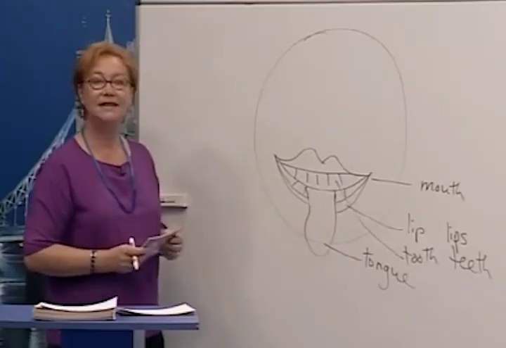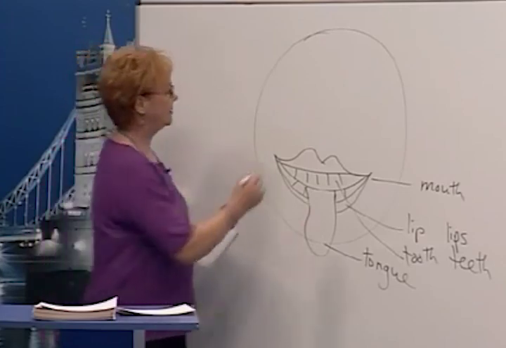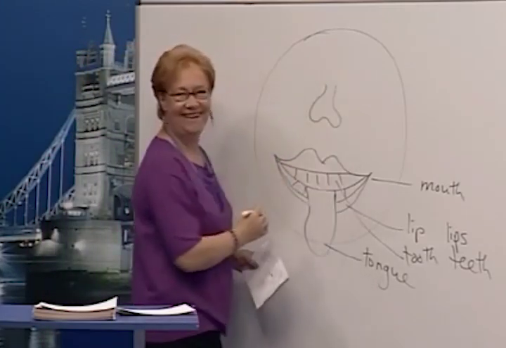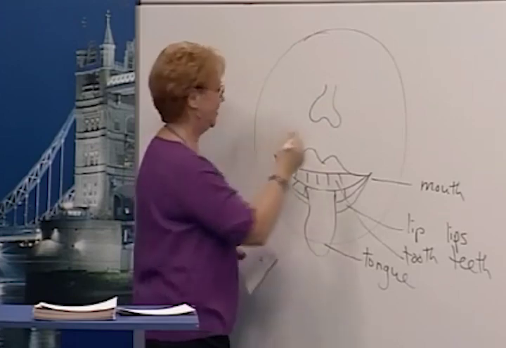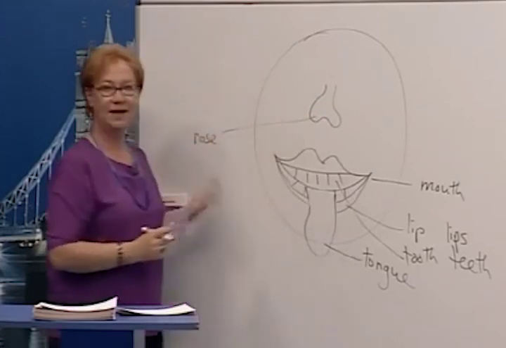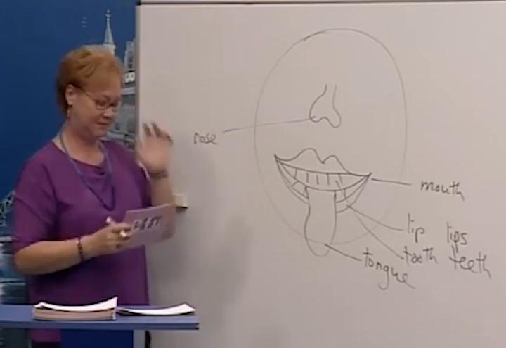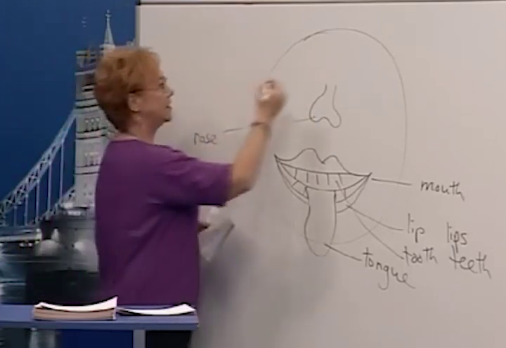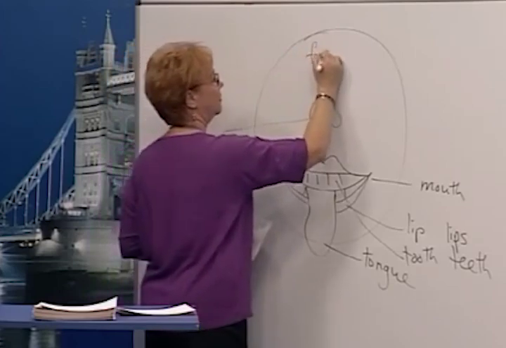Okay, now let's add to the face. Let's give the nose. There's the nose. It's a beautiful nose. All right? Nose. Then we have the forehead. This is the forehead. Forehead.